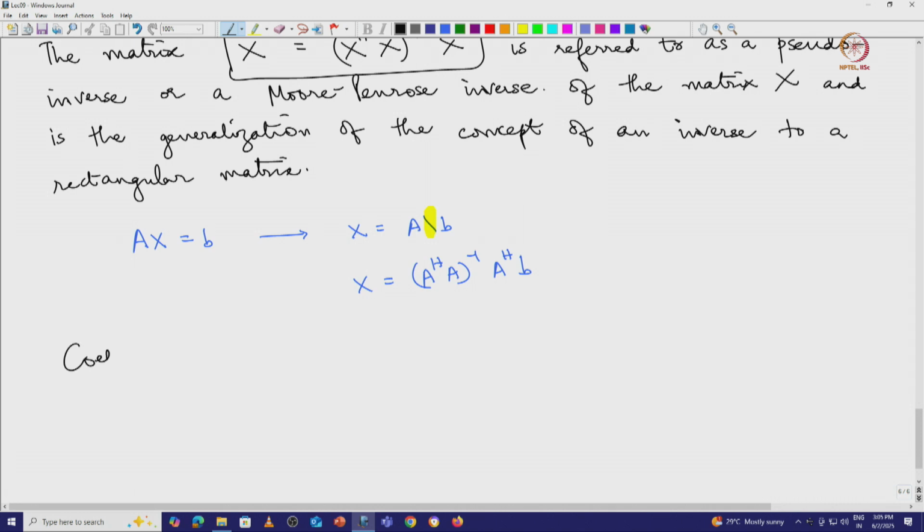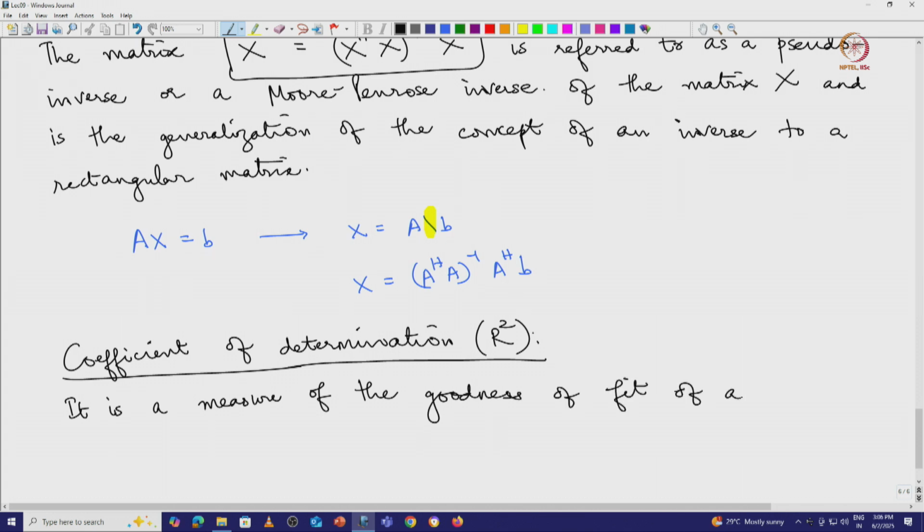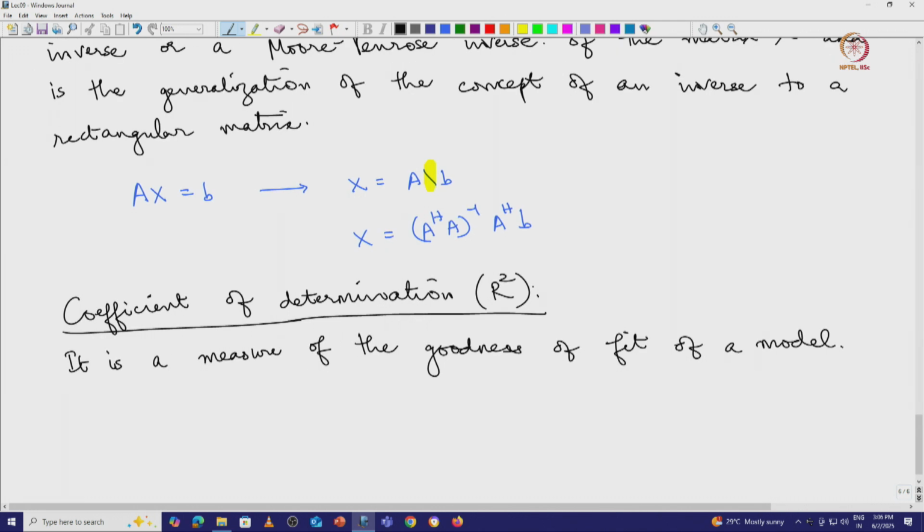So r square is called the coefficient of determination, and it is a measure of the goodness of fit. The closer the r square is to 1, the better your model is.